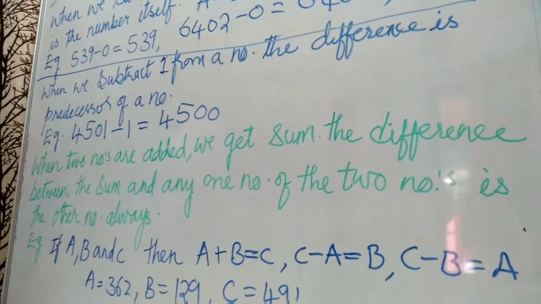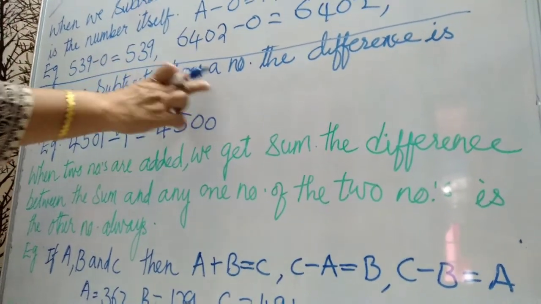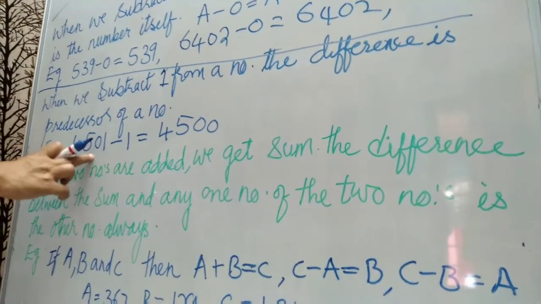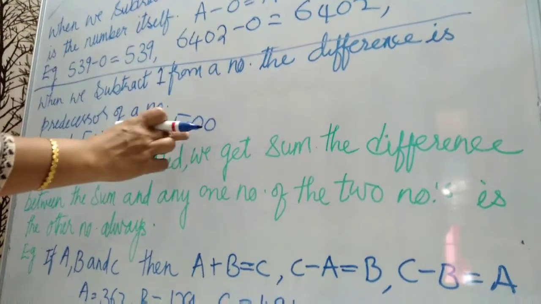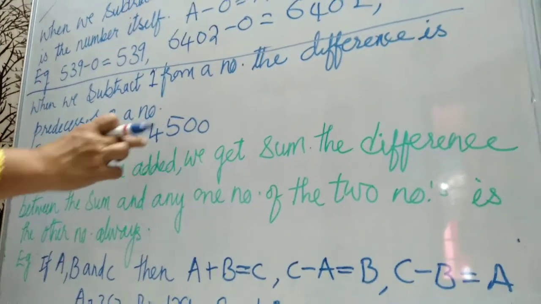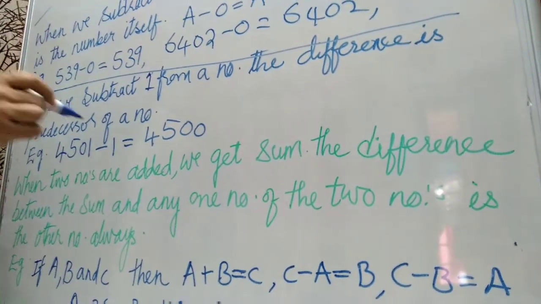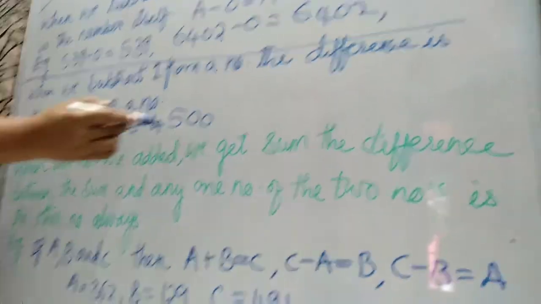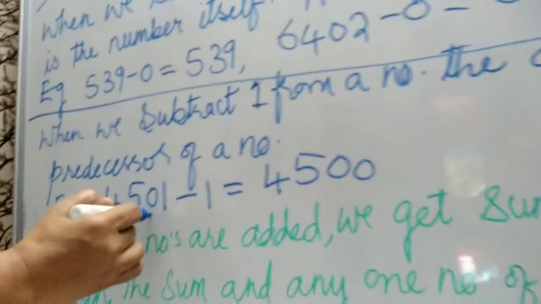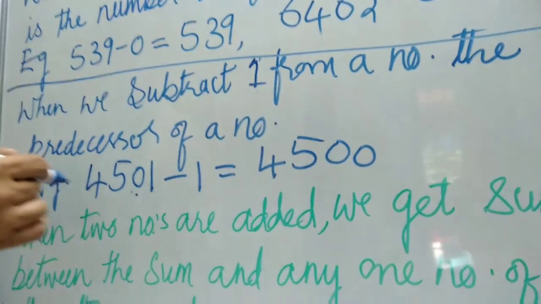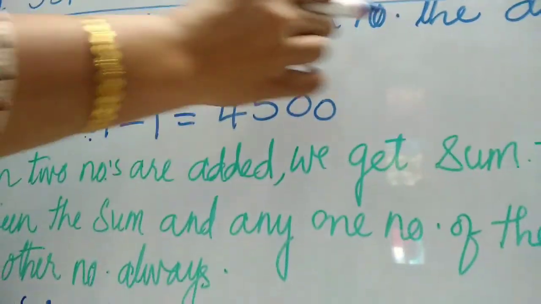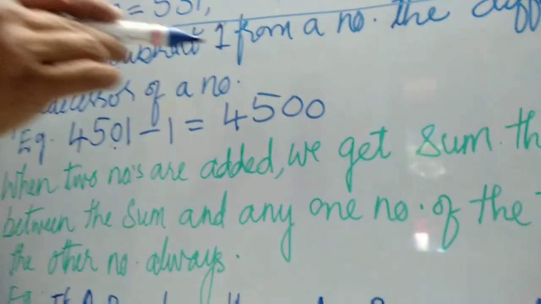The difference is the predecessor. Predecessor means the number before this number. So when we subtract 1 from a number, the difference is the predecessor.